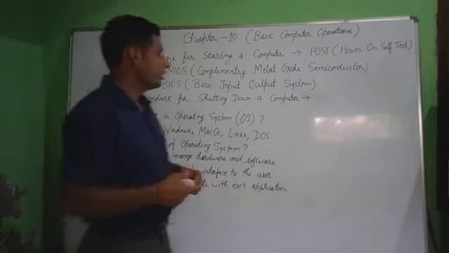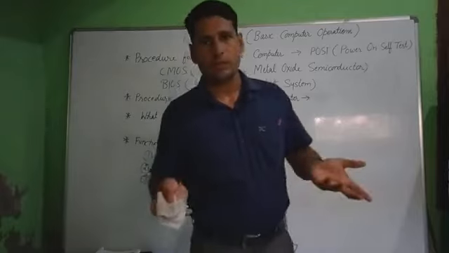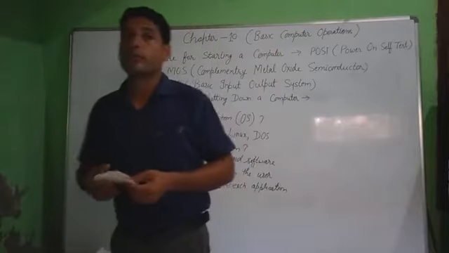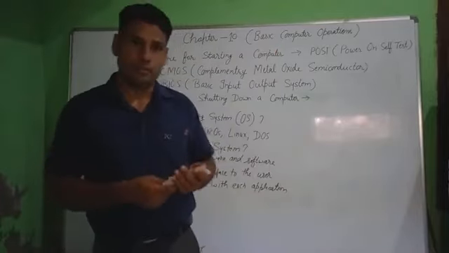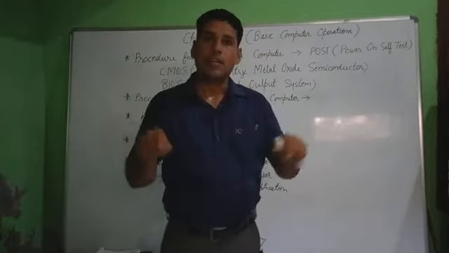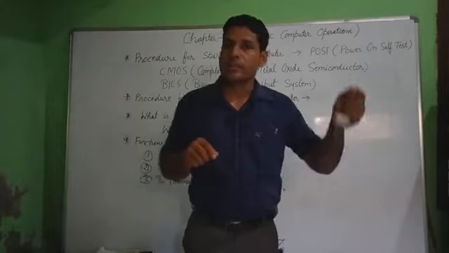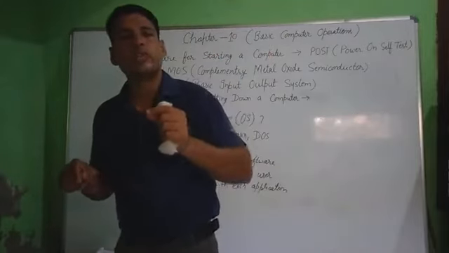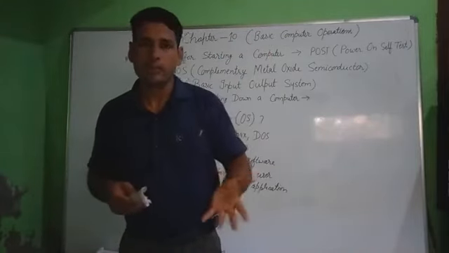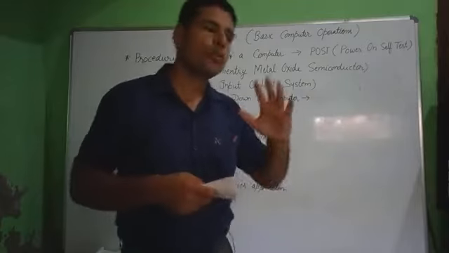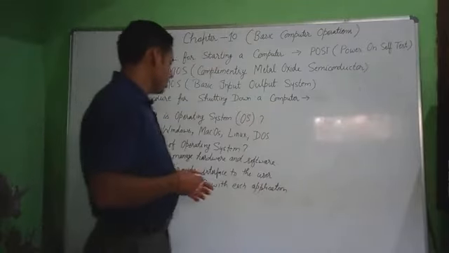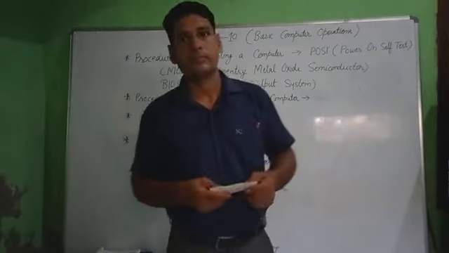Next is to provide an interface to the user. I have told you the same thing, that it provides you an interface to the user. It means a screen will be provided by the operating system, and then you can open any application and do work with the help of the hardware in that particular software. Next is to communicate with each application.